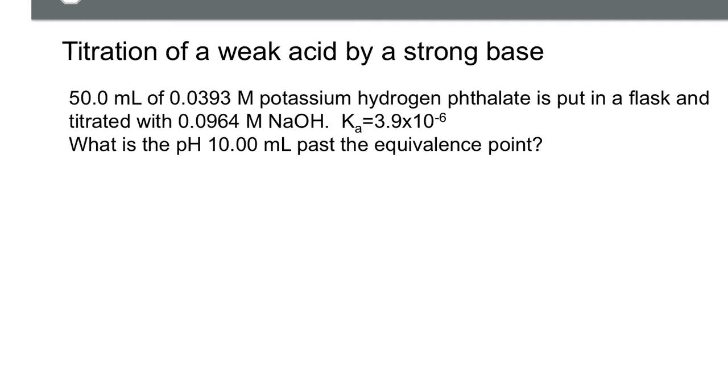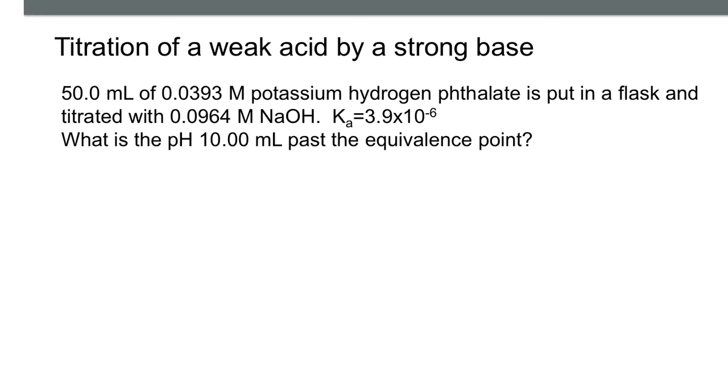One more, 10 milliliters past the equivalence point. This problem works the same way as when we did the strong acid titrated with the strong base. So we can go through, set up a BCA table, figure out moles of hydroxide left over, or, and I kind of prefer this way personally, but it's up to you, you can know that we are 10 mLs past the equivalence point.